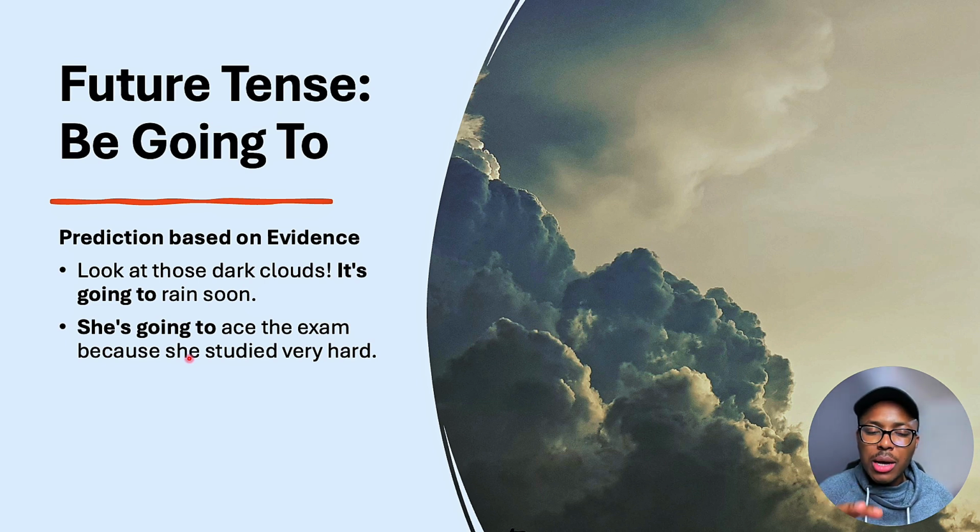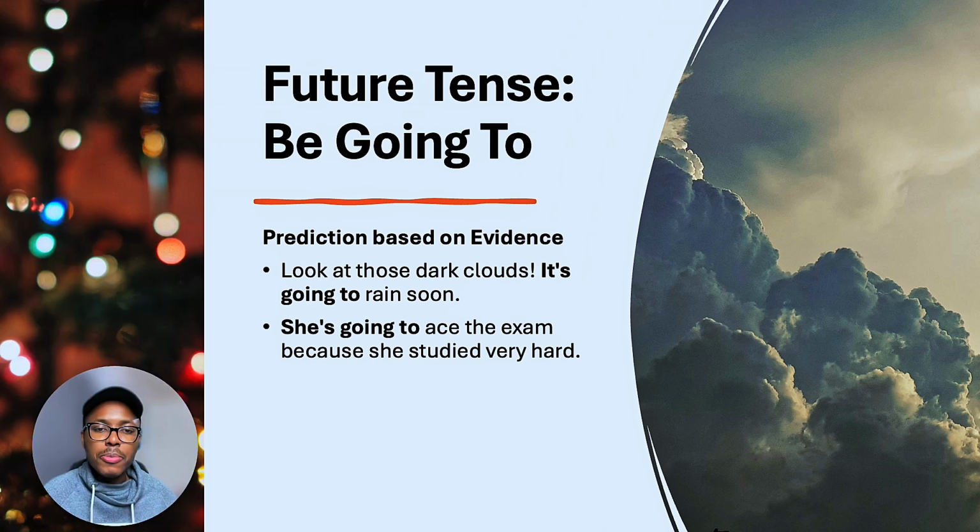In the first example, there is evidence that it's going to rain because the clouds are dark. In the second example, there is evidence that she's going to ace the exam because she studied very hard. So I'm confident to say that she's going to ace it. Why? Because there is evidence: she studied very hard.